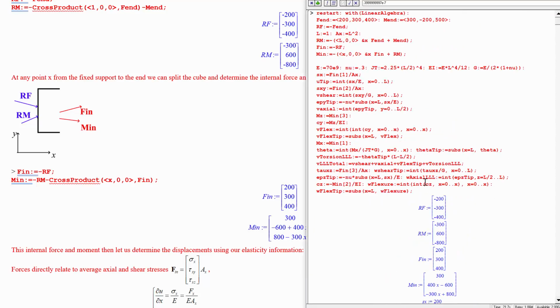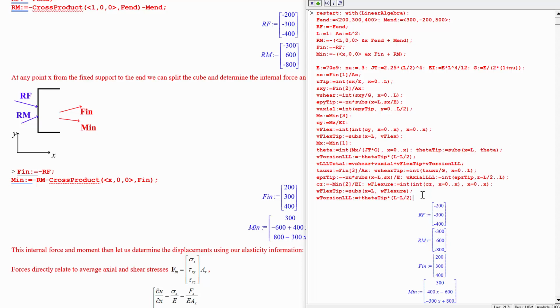So the torsion, we already worked out what theta was, and now we can say W torsion tip, because it's a square, is equal to positive theta tip times L minus L over 2.